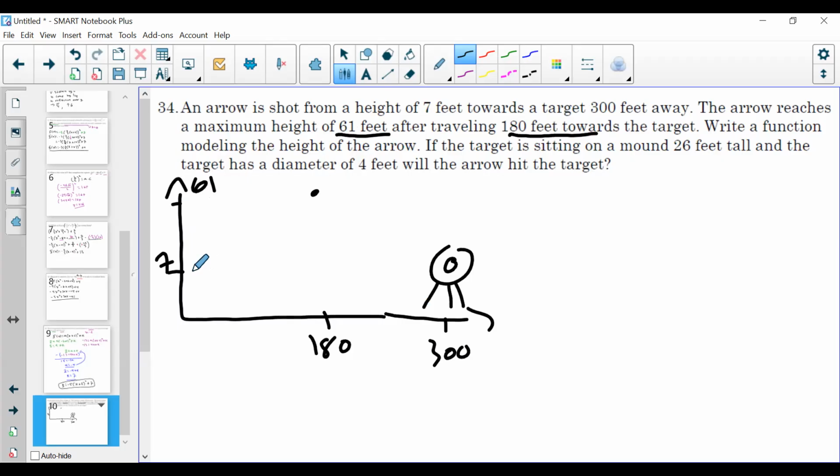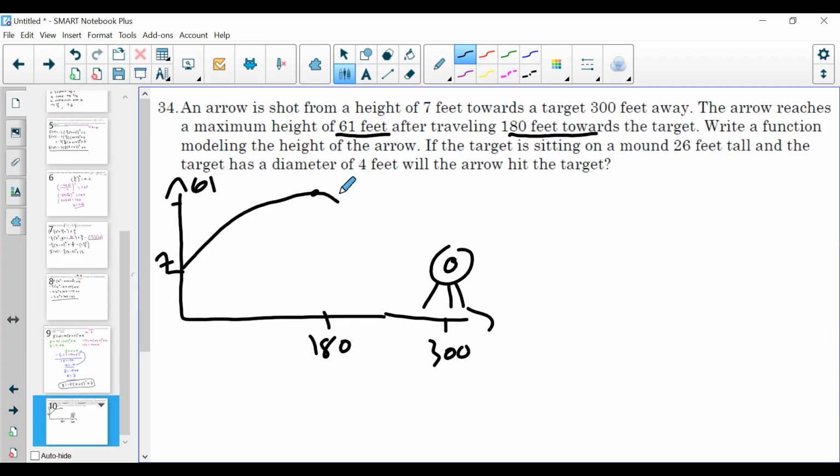What happens for sure is something like this. I'm going to hit that maximum height and start going down, but I don't actually know if the arrow is going to hit the target or not. That's actually what it's asking me. This target is sitting on some mound, 26 feet tall, and the target has a diameter of 4 feet. And I want to figure out, is it going to hit the target or not?